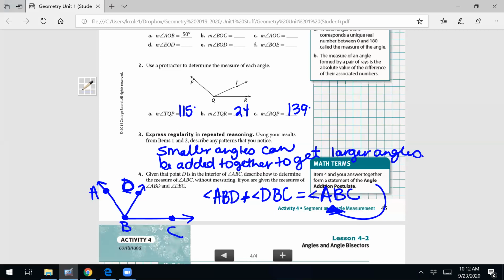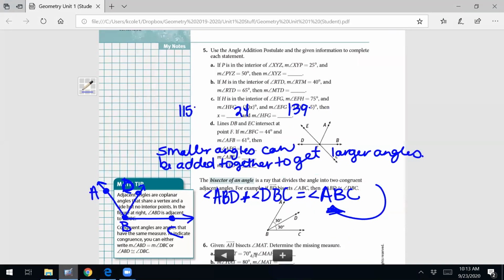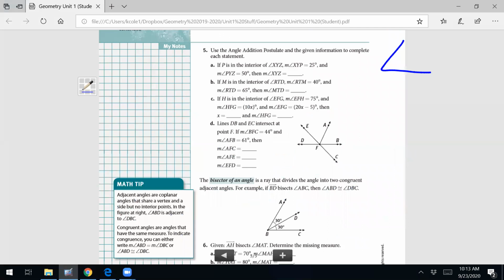Look with me at number 5. It says use the angle addition postulate and the given information to complete each statement. Letter A: if P is the interior of angle XYZ, and you don't have to draw these out every single time, but you can, what it means is that P is on the inside of that larger angle XYZ.